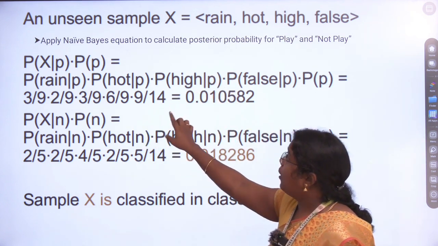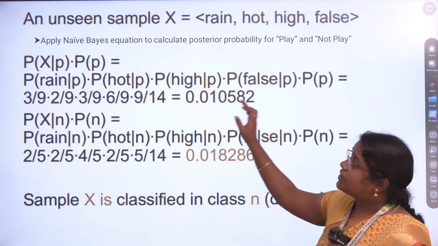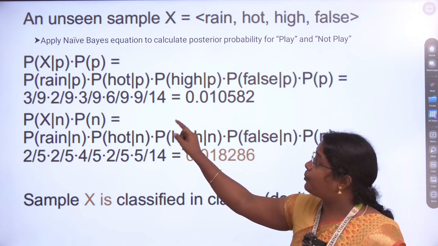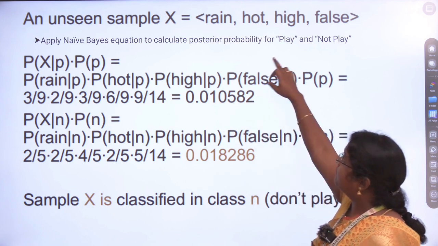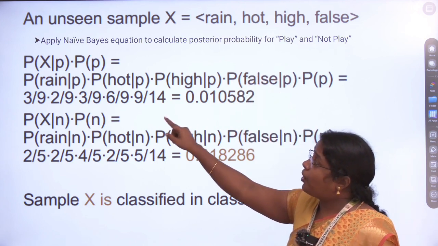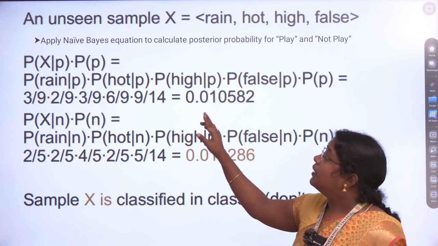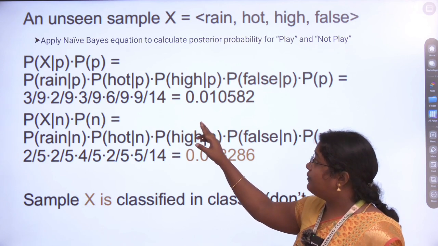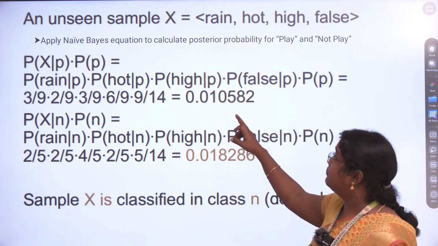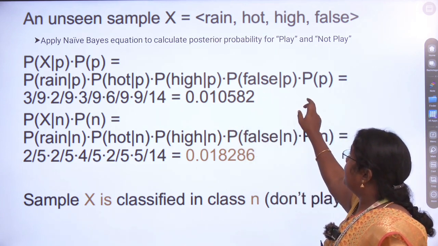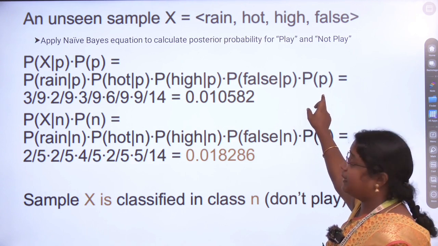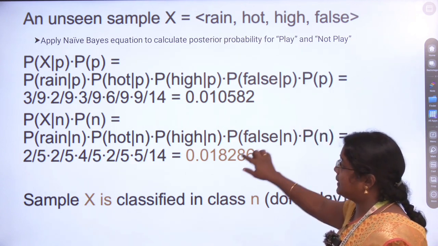So what are the inputs here? X is rain, hot, high and false. So the formula is rewritten as probability of rain given B, multiplied by probability of hot given B, then probability of high given B, probability of false given B, multiplied by probability of P, which means the probability of the class.